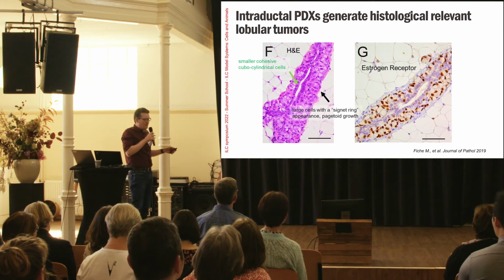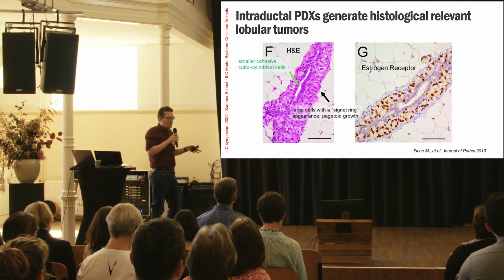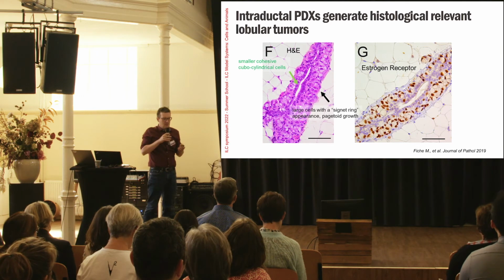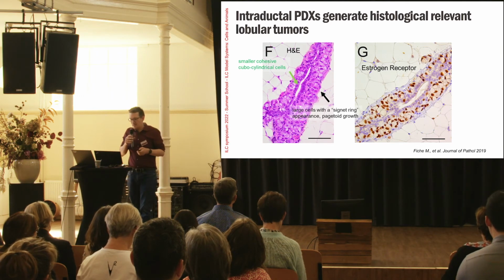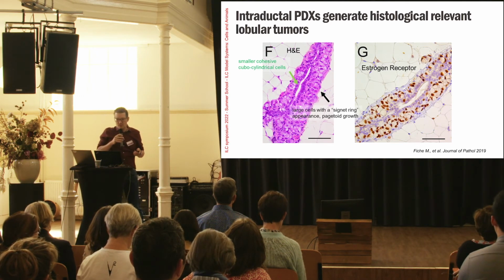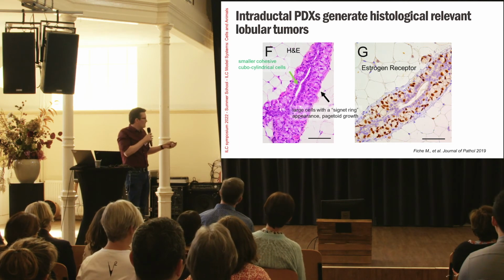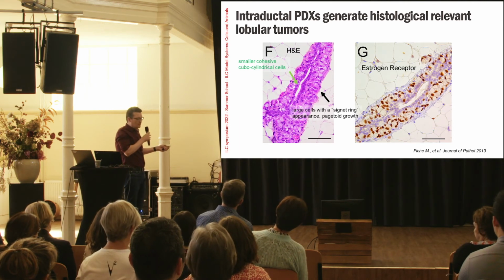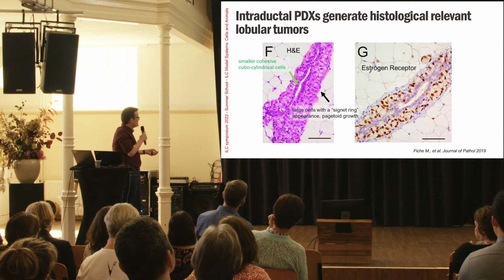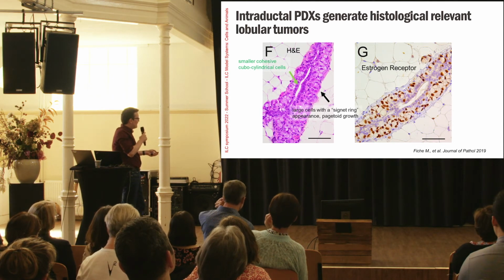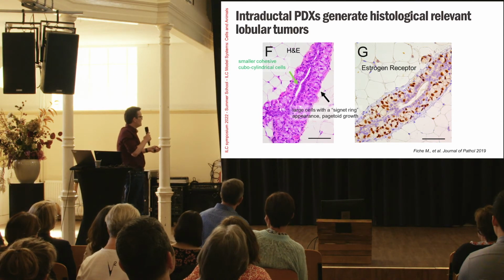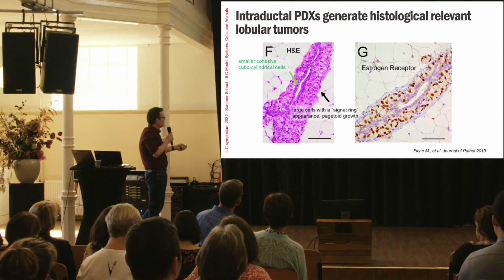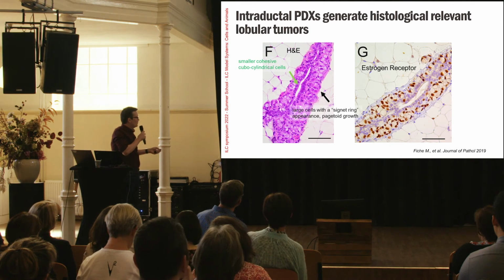You can see this further when you also inject primary lobular tumors that are more heterogeneous. You can see better on my computer; in this image you can see a characteristic of lobular carcinoma, the single signet ring appearance. And so here we see two different histomorphologies.